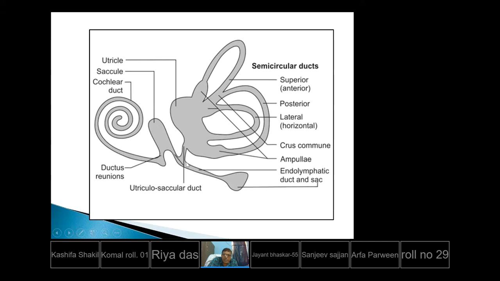Later on, it forms the endolymphatic duct and sac, and this is the utricle, and over the superior, posterior and inferior part of the utricle, there are five openings of the semicircular duct.